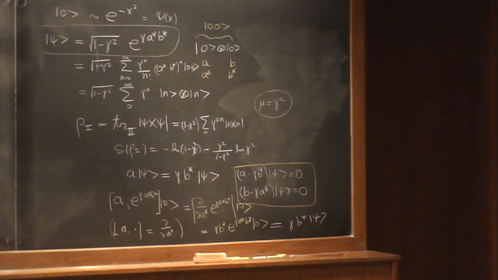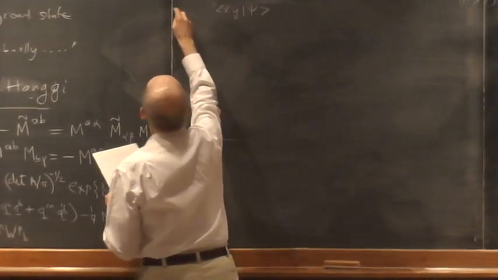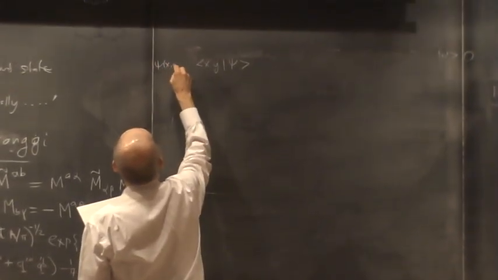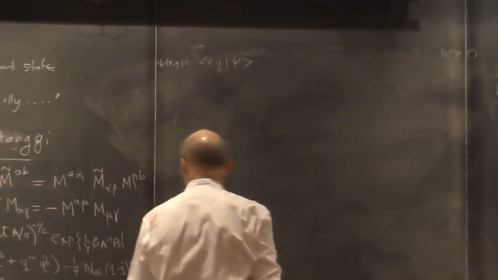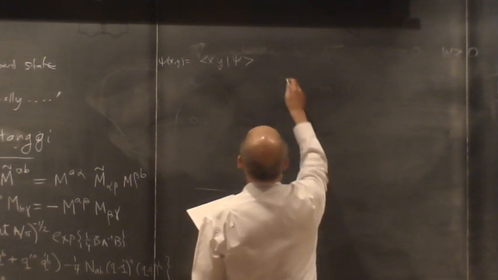I think I'm going to slightly change the notation. We want to know psi of x, y for this ground state, which is in the Dirac notation equal to that.